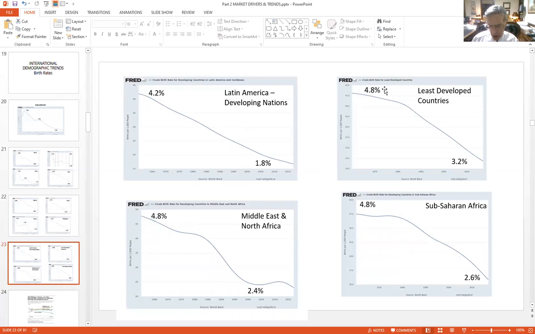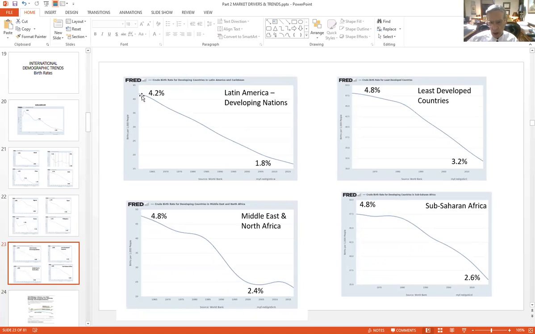In the Middle East and North Africa, we've got something similar going on, and Sub-Saharan Africa, the same. All of them starting, and by the way, this was just a statistical fluke, but all three of these began at 4.8%. You can go to the Federal Reserve Economic Database and get the same data that I did, and you'll find this 4.8%.